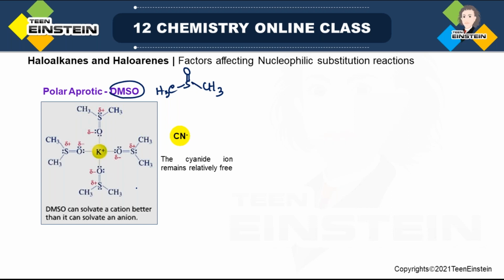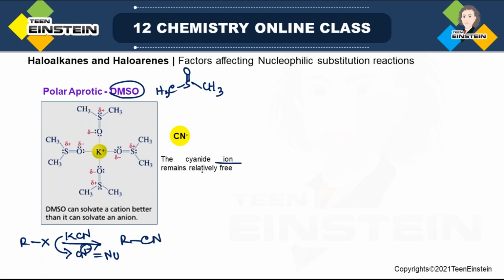And here, suppose you are doing the reaction RX in presence of KCN. Now KCN is basically the source of CN minus, which is the actual nucleophile, and you will be getting RCN as product. So if you want better yield for the product, the nucleophile must be in free condition.